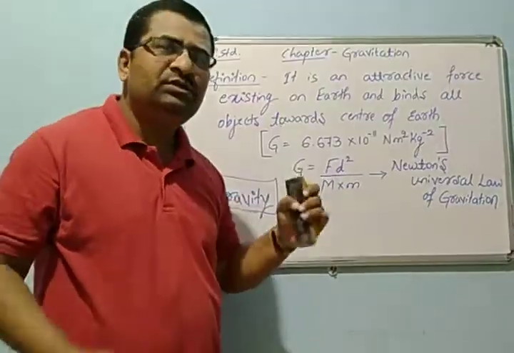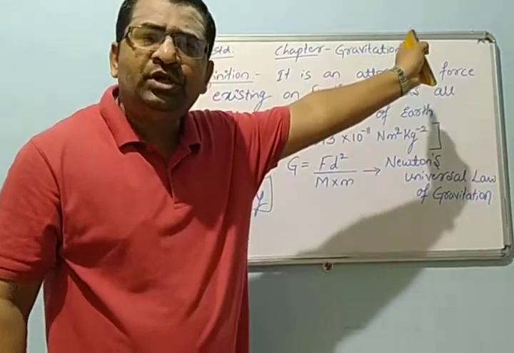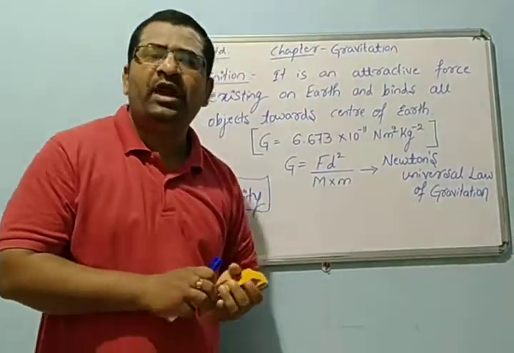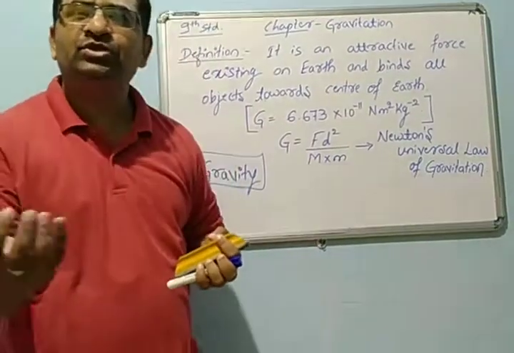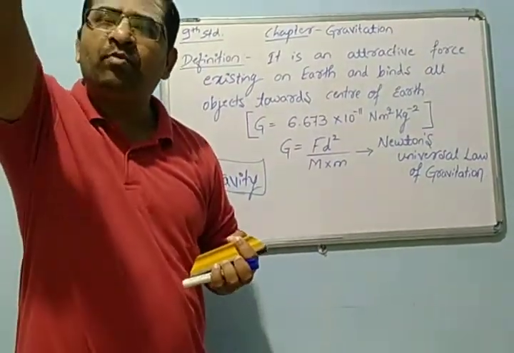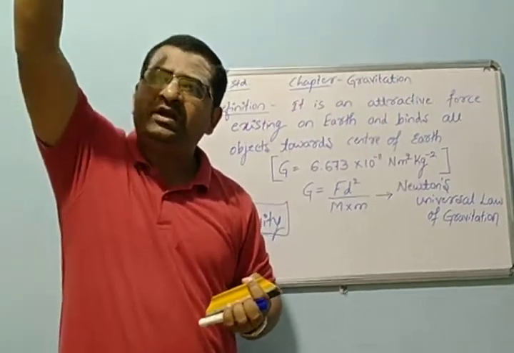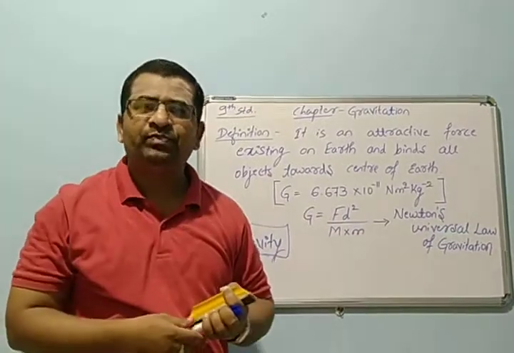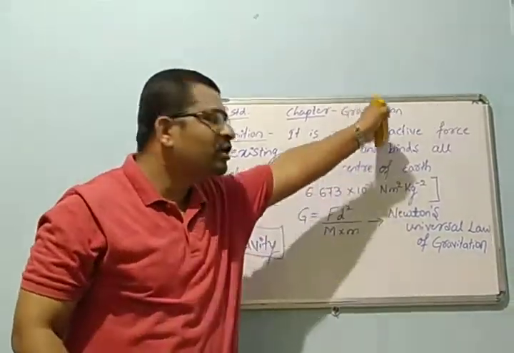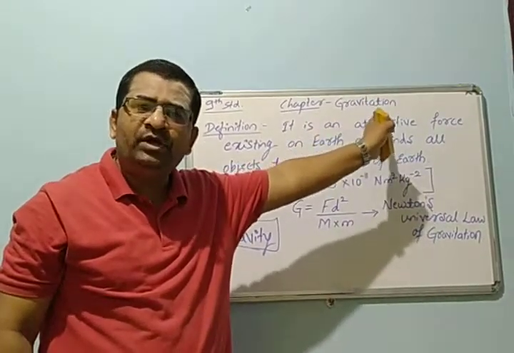This is just because of the existence of the gravitational energy on earth. The next illustration is when we throw a rubber ball in the upward direction, its velocity goes on decreasing and reaches zero, and then it falls back to the earth. This is just because of the gravitational energy of the earth.